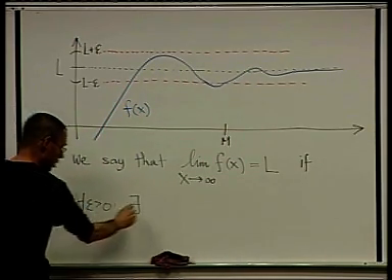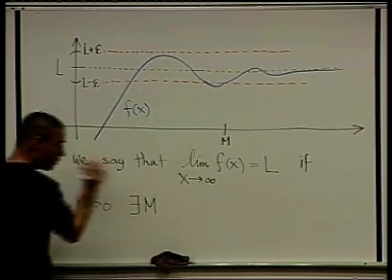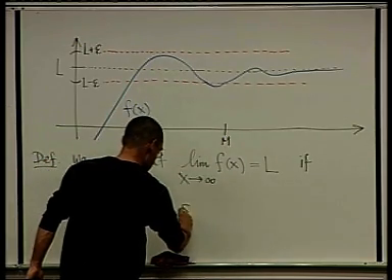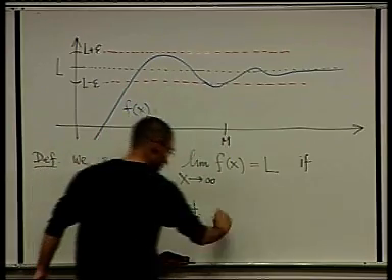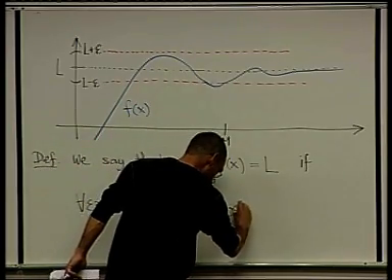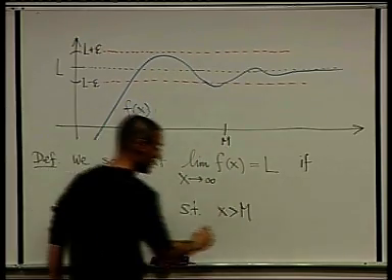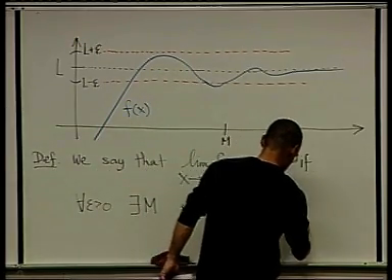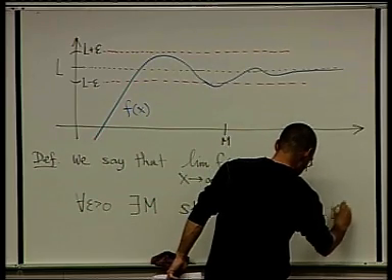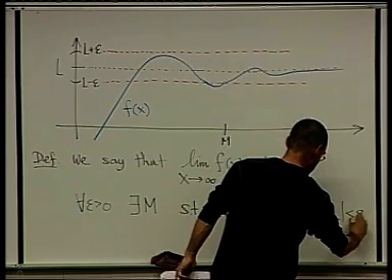For any epsilon, there exists a value M such that if x exceeds M, that's it. If you went beyond M, that implies |f(x) − L| is less than epsilon.